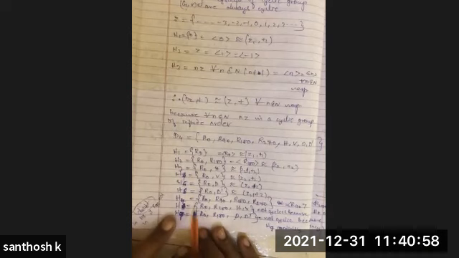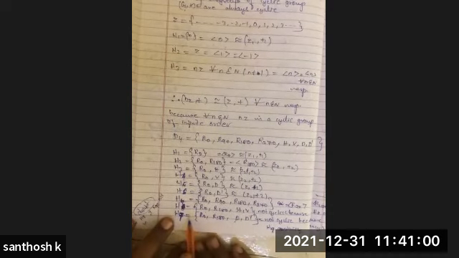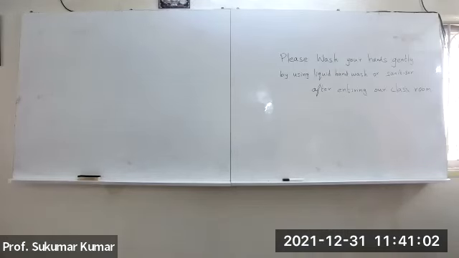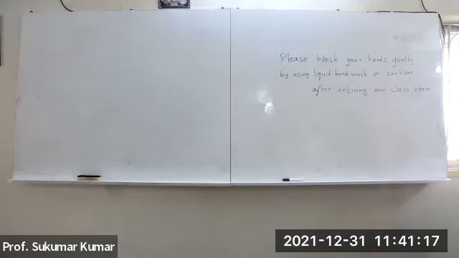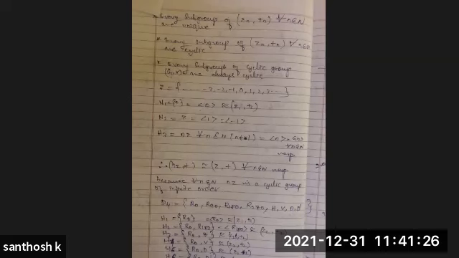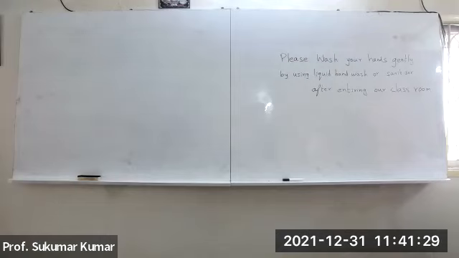Can you say once again, sir? You go back in your notes. In D4 subgroups, I gave the first method by order of elements. In D4, one order element exists, two order elements exist, four order elements exist. By one order, the identity will be the subgroup R0.